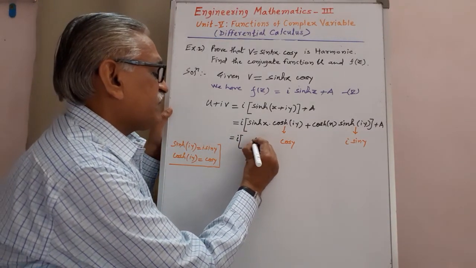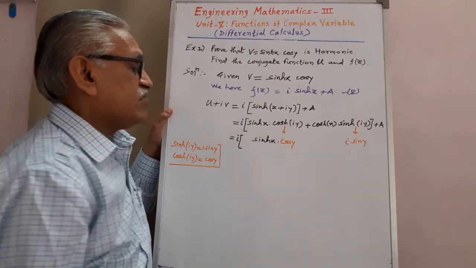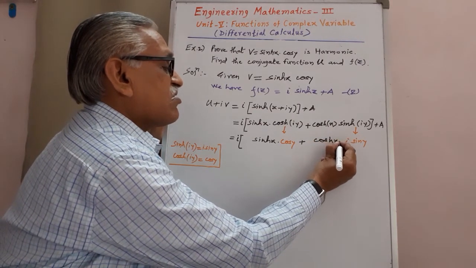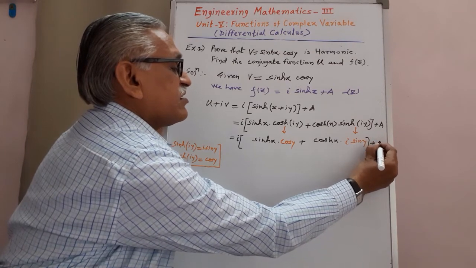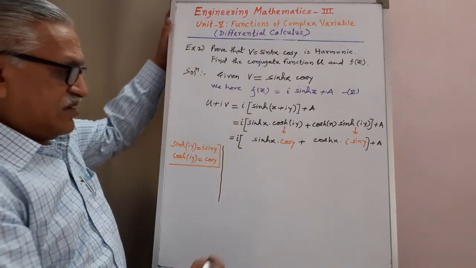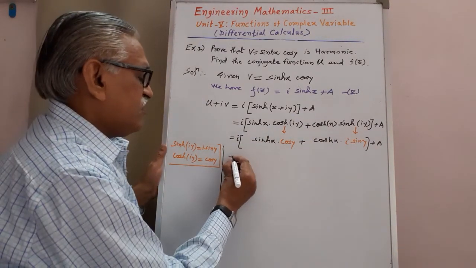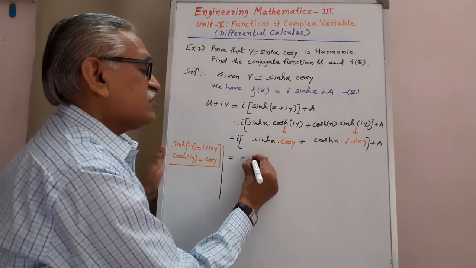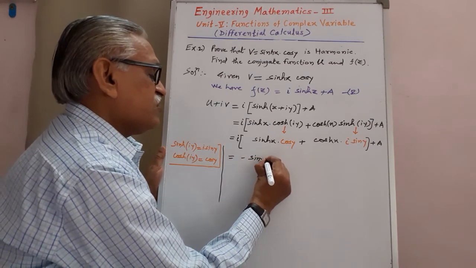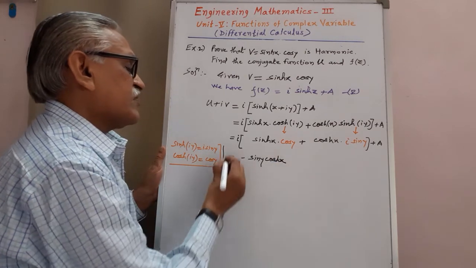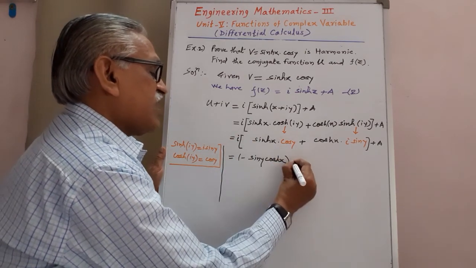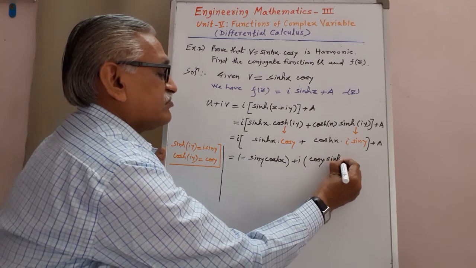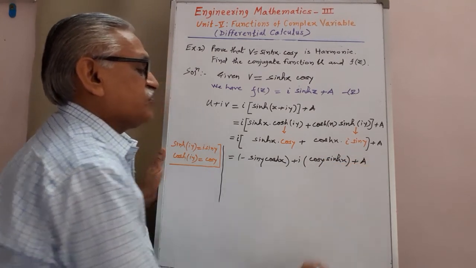sin hx as it is, plus cos hx as it is, plus a, then multiplying i inside, we have i into i square, the value of i square is minus, therefore that term is minus sin y into cos hx, plus i times cos y into sin hx, plus constant a.